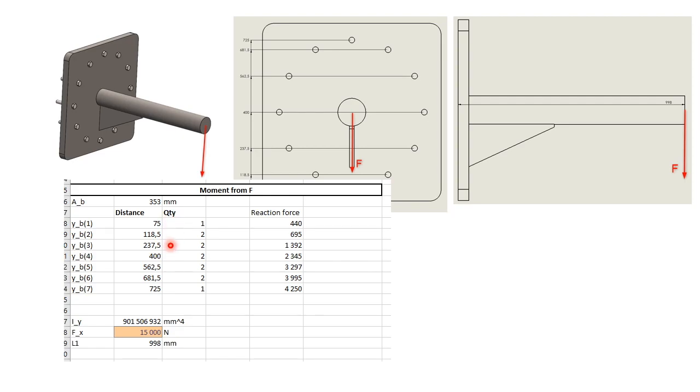I put in all the distances from the pivot line. I set in how many bolts are on each line. Based on that, I can calculate the second moment of area. I have to set in the force and the distance to the force, which together makes a moment. And based on that, here is the area of the bolt.